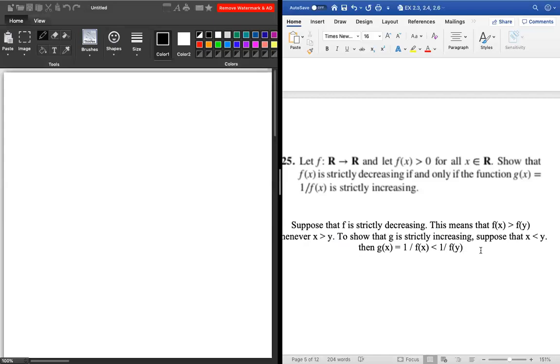So this here is our function g of y. In other words, suppose that g is strictly increasing.